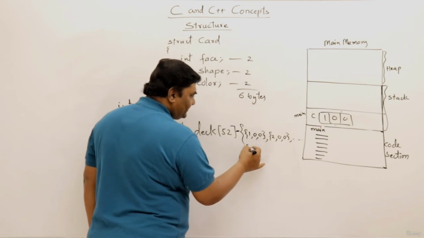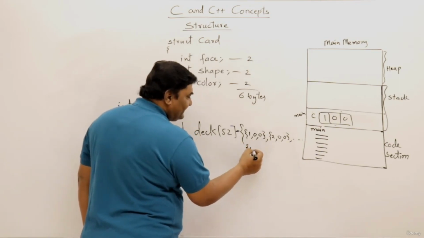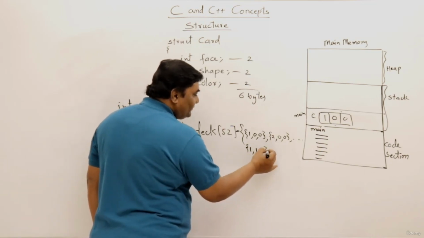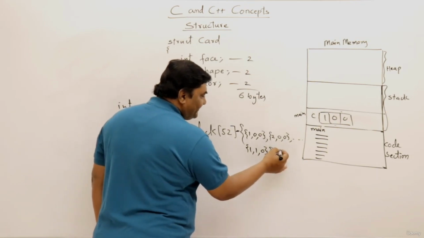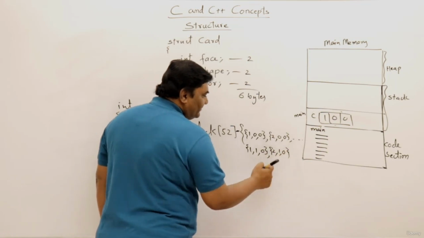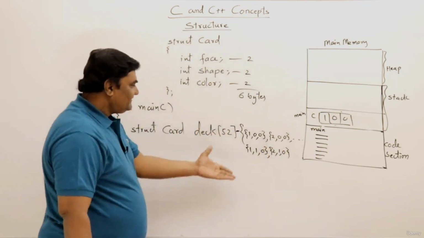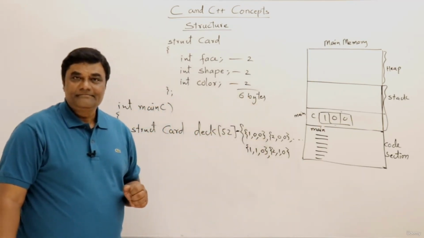Now afterwards, if suppose I want to start filling the other colors, other shapes, like ace of, that is next is spade and the color is 0, right? Then card value is 2 and it is a spade, so next is color is 0. So this is face value and this is shape and this is color. So like this, I can fill up all 52 cards if I want to initialize them.